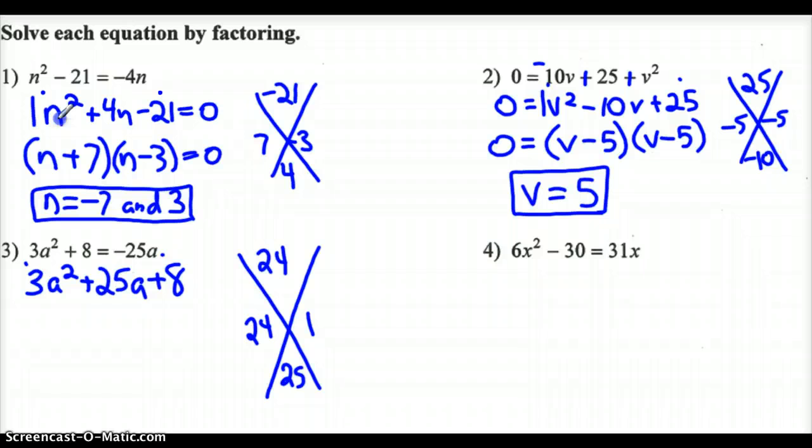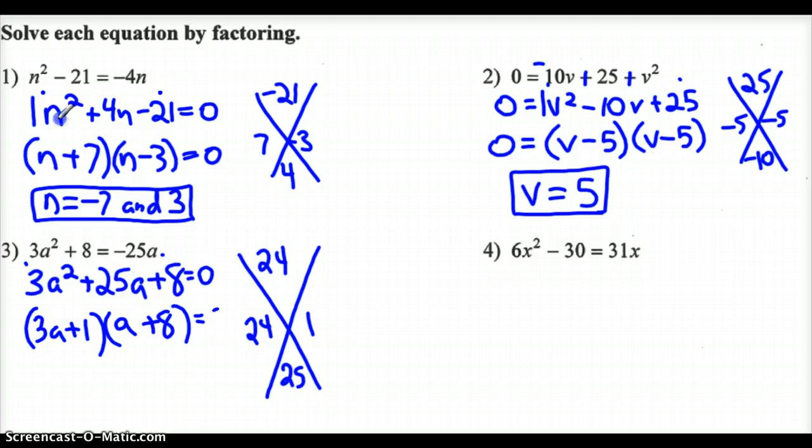Now here, to get 24 for a middle term, I'm going to have to use the 3a along with the plus 8. There's my 24. That leaves 1a times 1 is still equals 0. And so now my solutions are negative 1/3 and negative 8.